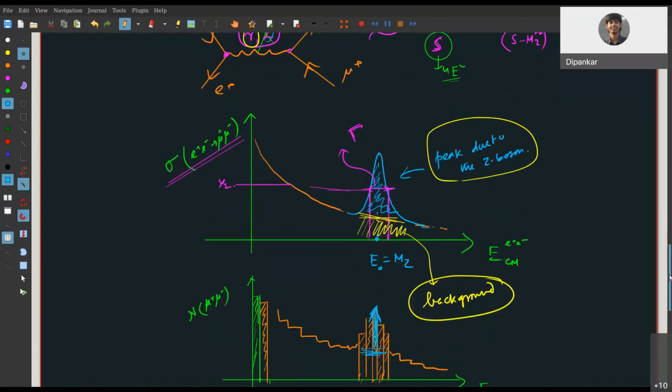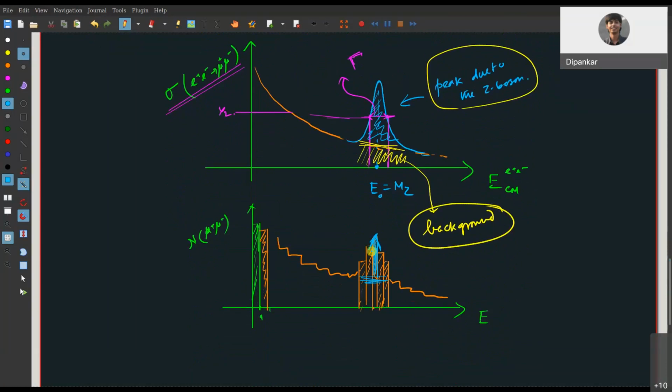So in practice, you will be given data like this.